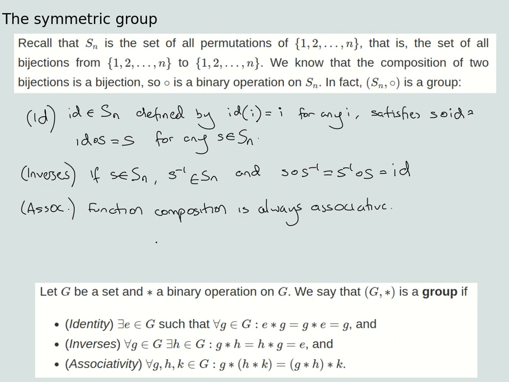Okay, so the symmetric group is actually a very, very important family of examples of groups, because you get one for each value of n.